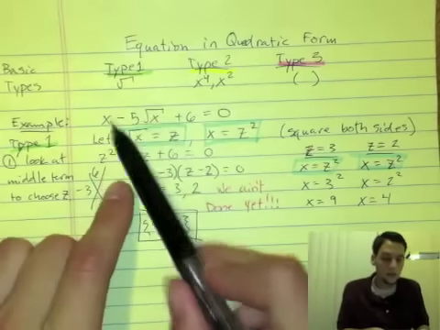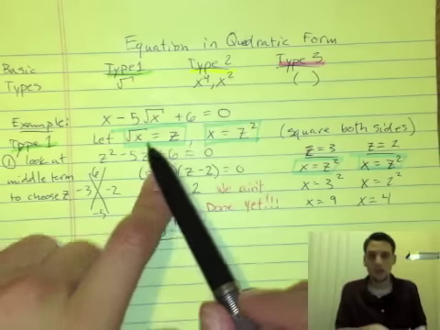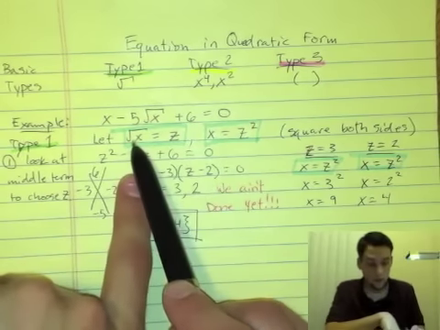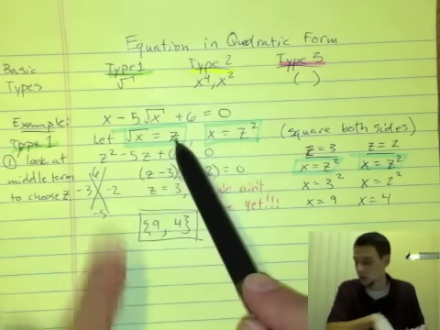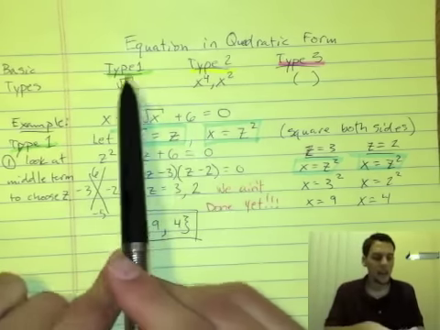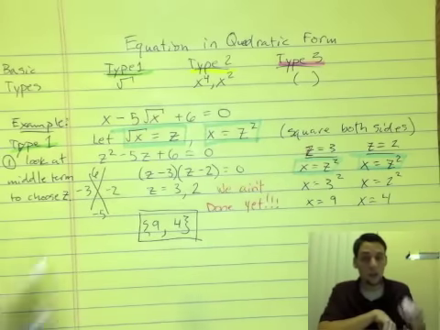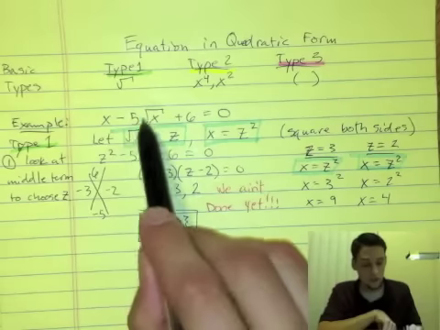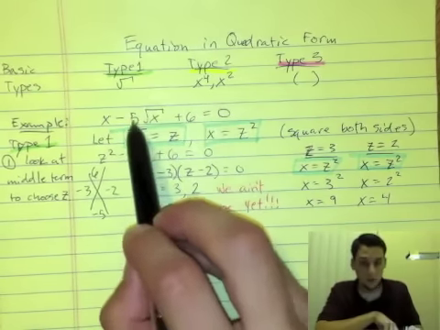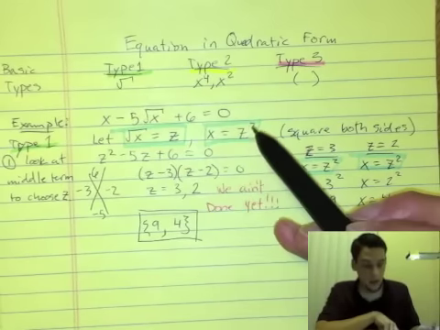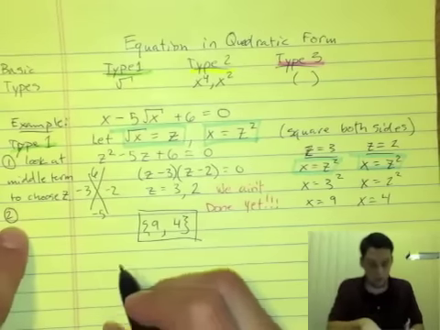So in this middle term, I saw that I had a square root of x, so I said z is going to be the square root of x. Let the square root of x be z. That's how I'm going to choose for type 1, 2, and 3. I'm going to look at the middle term first, so it has to be kind of in standard form. So look at the middle term first, choose z, and then move on to the second step.